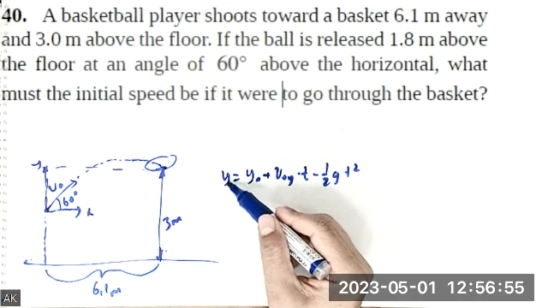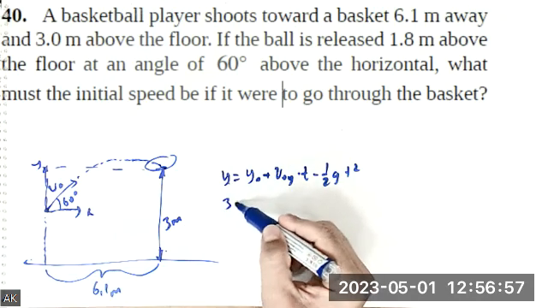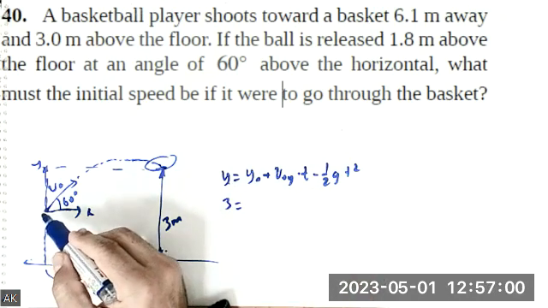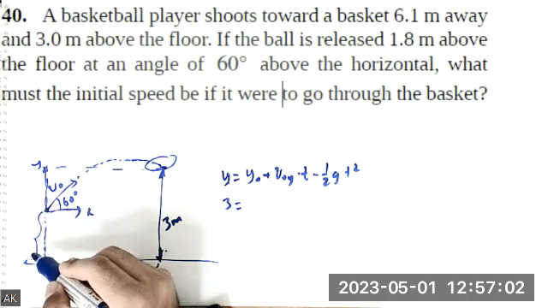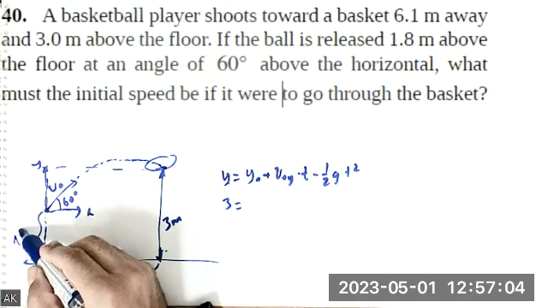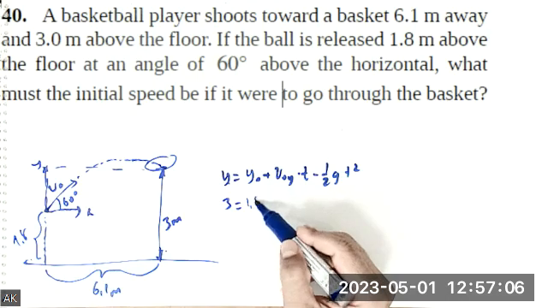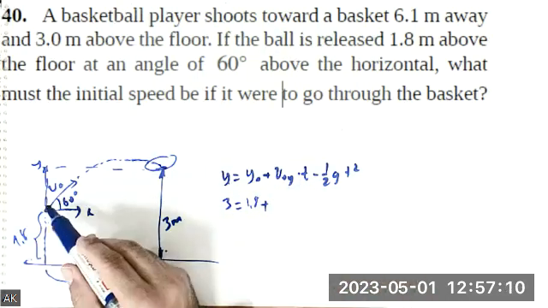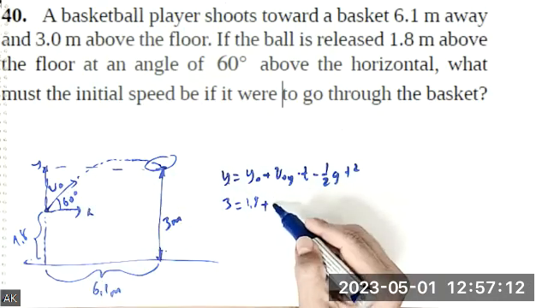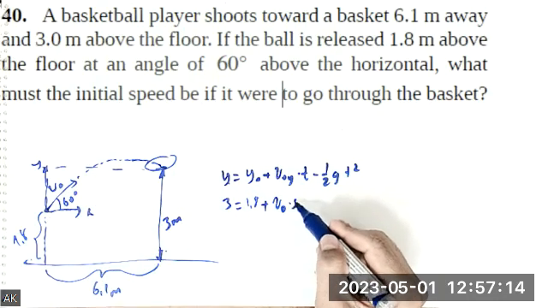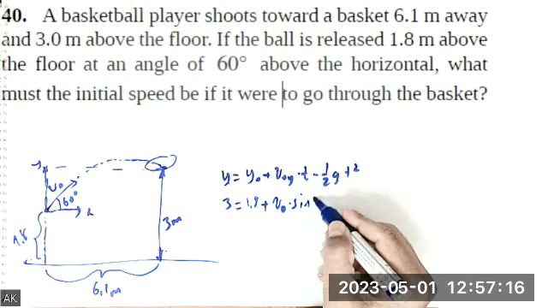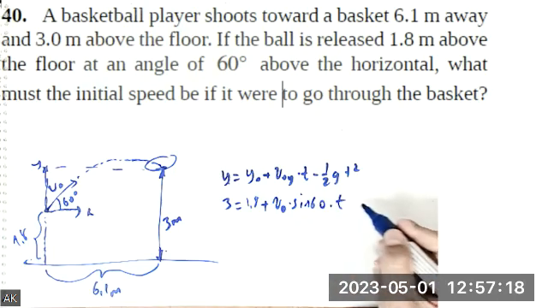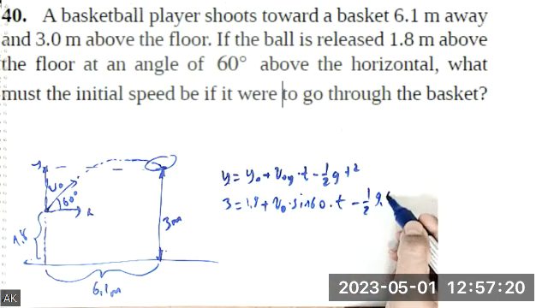That's the final point. So 3 equals y0, the initial height of the basketball, which is 1.8 meters as given, plus v0 times sine of 60 degrees times t, minus 1/2 times 9.8 t squared.